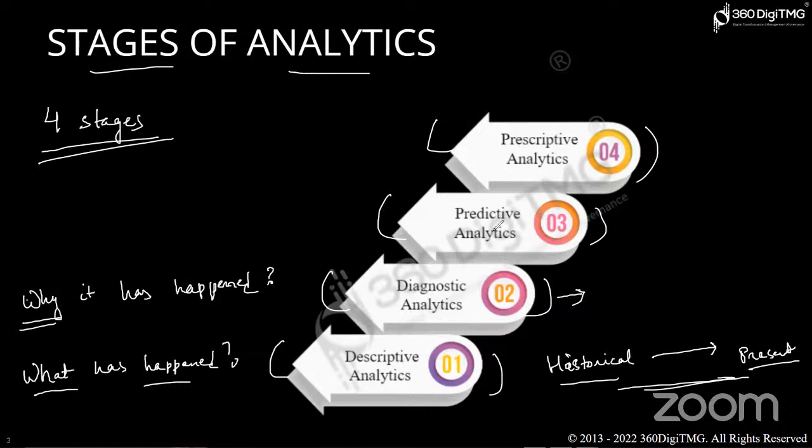Then we have predictive analytics. Looking at the past data, at this dashboard or this report, they try to figure out what will be happening in the future, what is likely to happen in future.